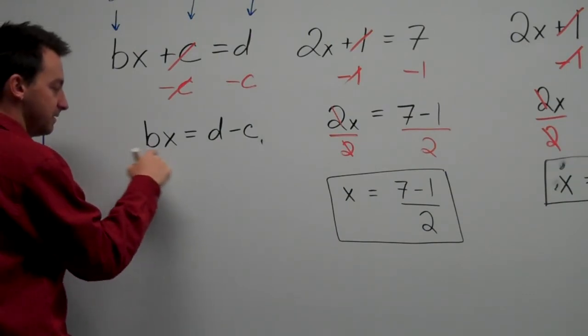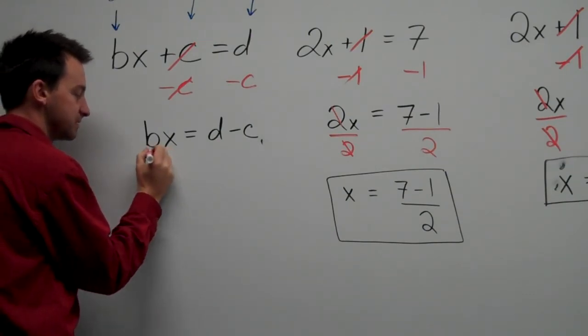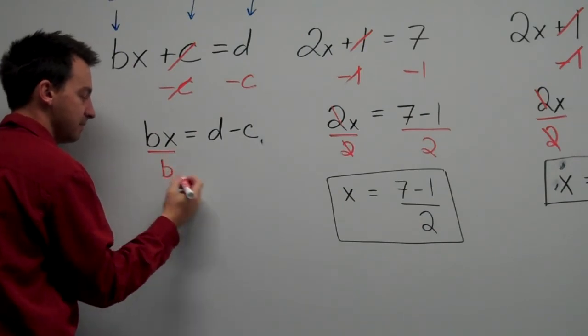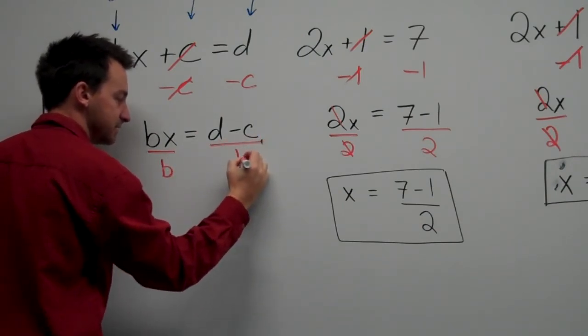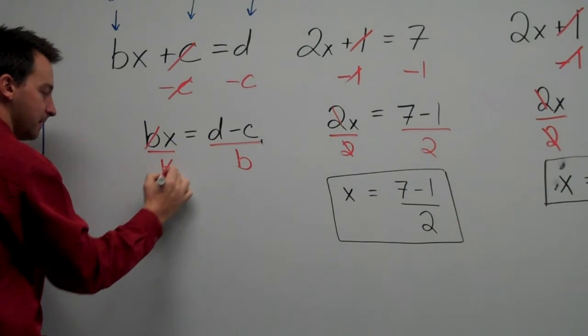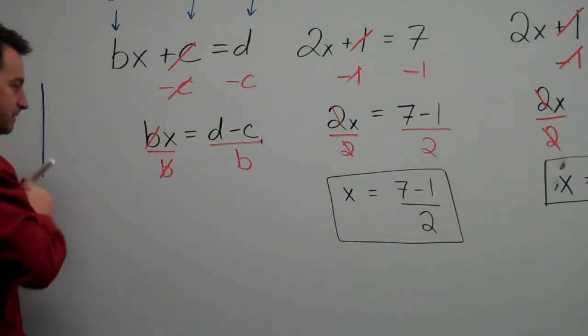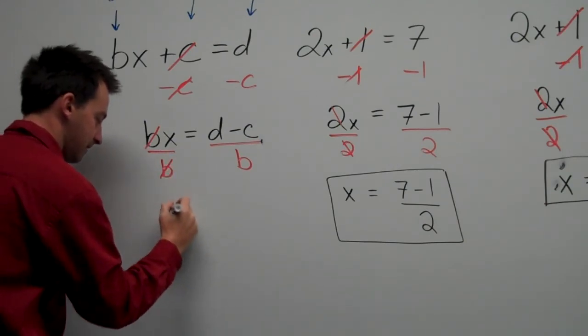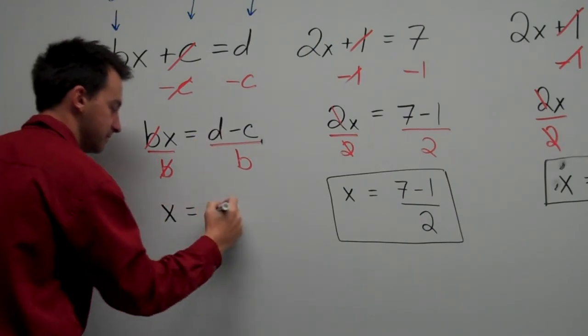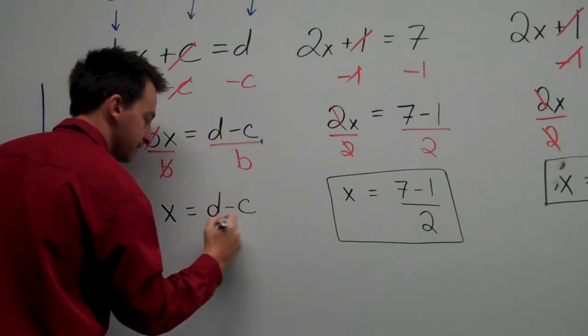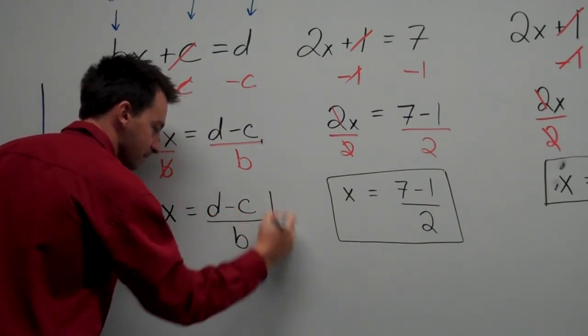The next step was we have something multiplied to our x, so we're going to divide to move it to the other side. We're going to divide by b. Cancels out, cancels out. x is equal to d minus c over b.